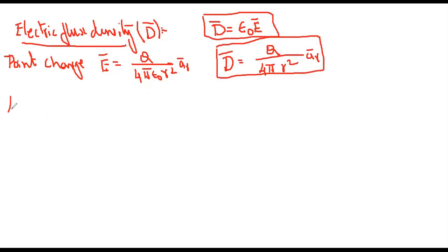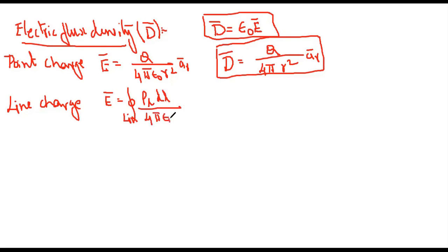And for line charge, the electric field intensity E bar is equal to the line integral rho L dl by 4 pi epsilon naught R square into AR bar.